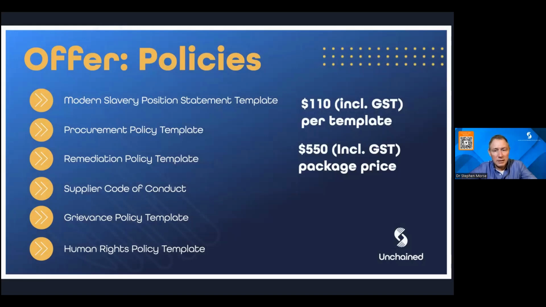If you need assistance customizing them, we can also provide services in addition to the price to help you implement them. We do a lot of work with organizations around modern slavery position statements, which is the main document that organizations need, and we make that available in a template format for APPA members.